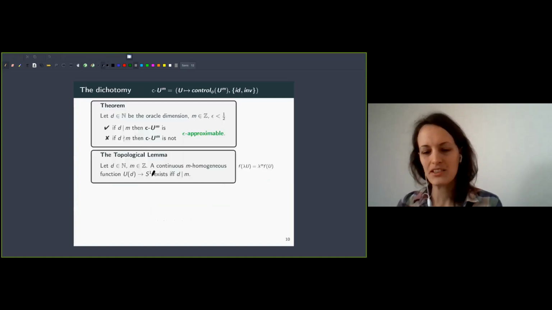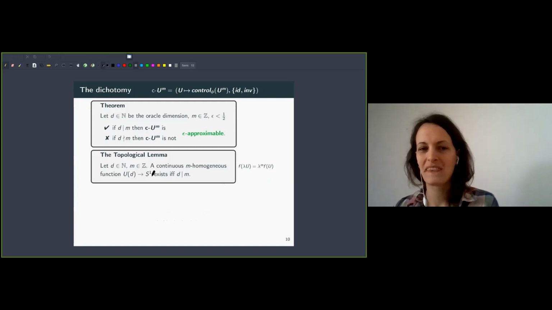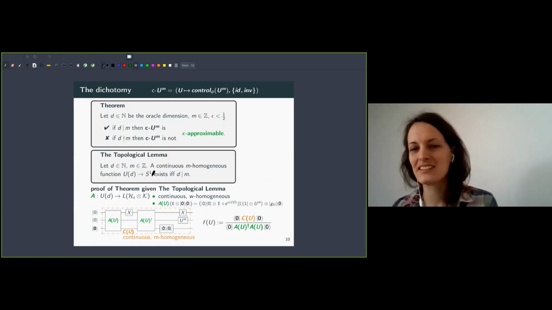When I do the reduction, I reduce this to a function from the unitaries to the circle, and it can be easily extended to approximate, by the way, because we can just extend the margin, and the topological proof works as long as we exclude zero.